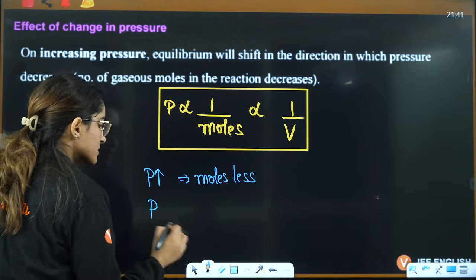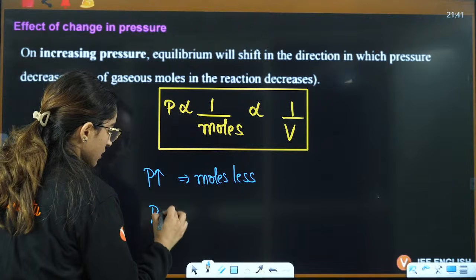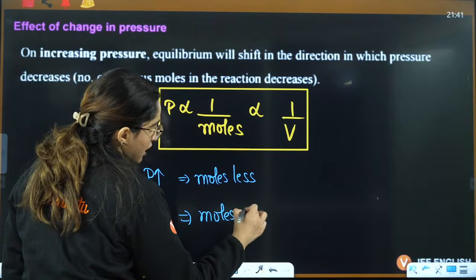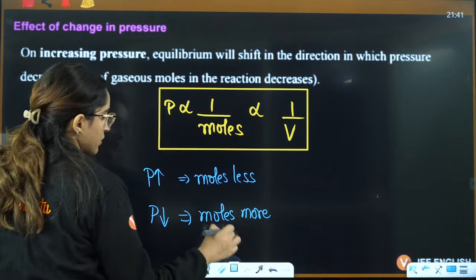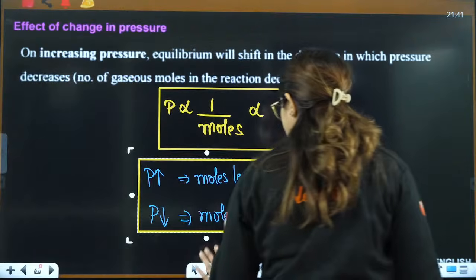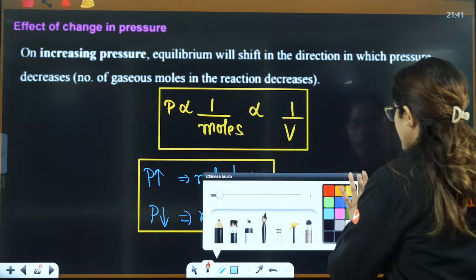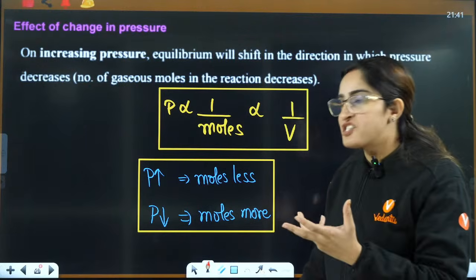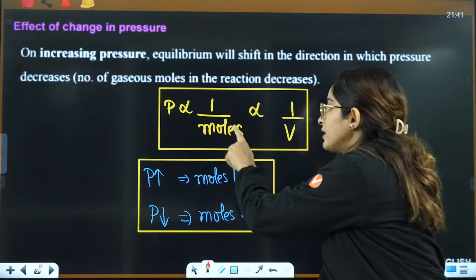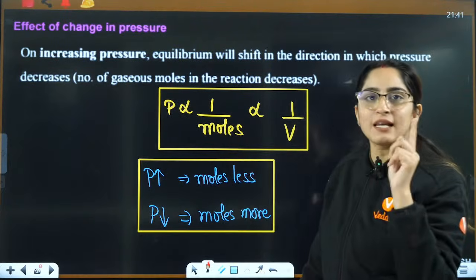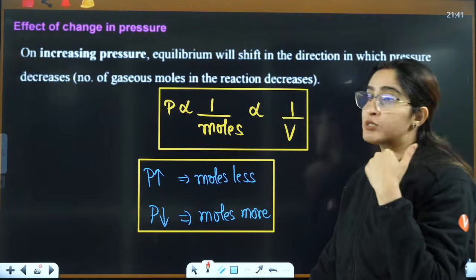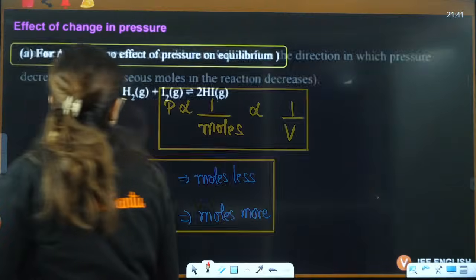As you decrease the pressure, it will move in that direction where the number of moles is more. This thing you must understand, just remember this.